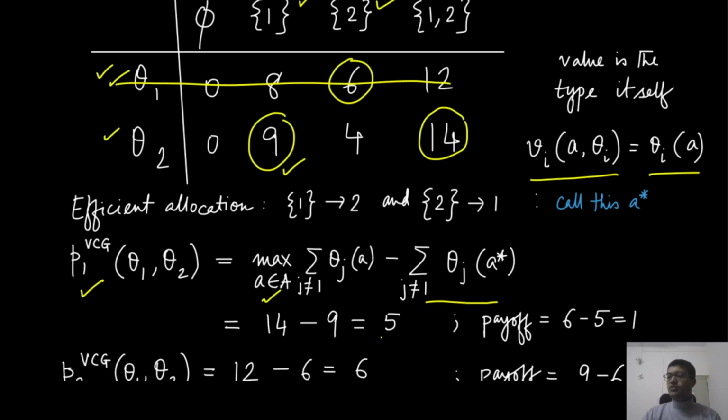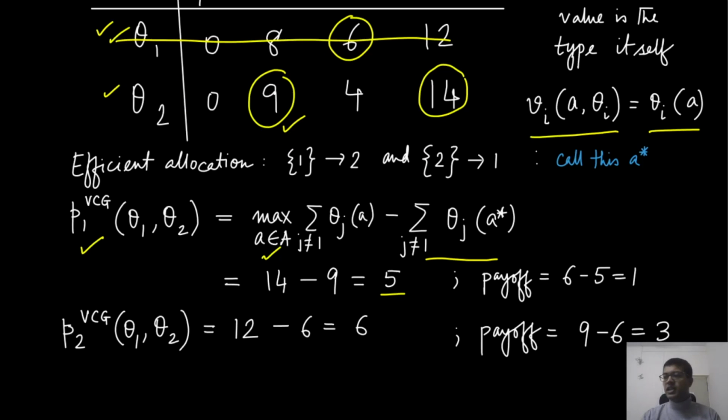So this difference is going to be the payment for player 1. Under this allocation player 1 is getting a valuation of 6, and the payment that he is asked to make is 5, so the net difference is 1. Similarly, if you compute the payment for player 2, it is going to be 6, and player 2 is getting a valuation of 9 under this allocation, and the difference is 3. So that's the net payoff under this combinatorial allocation.